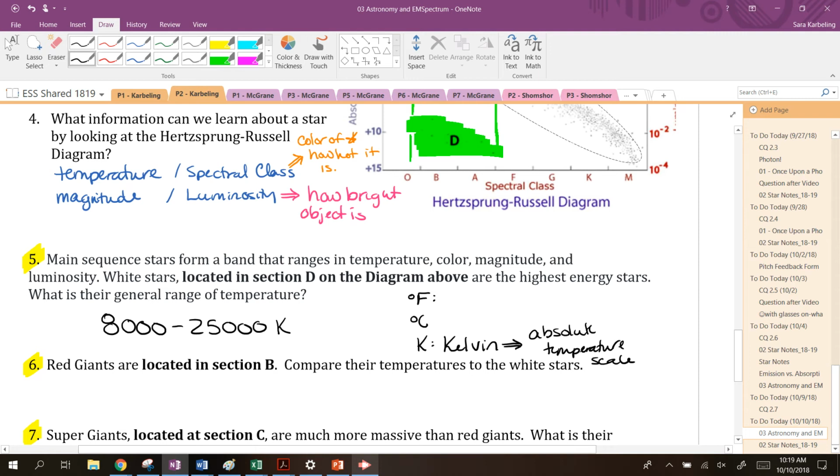This is me trying to look out for you so that other people don't laugh at you. It is not degrees Kelvin. They will laugh at you. They might not laugh at you outside, but they will laugh at you inside, and they'll be like, oh my gosh, what are they talking about? So it is 8,000 to 25,000 Kelvin. Not degrees Kelvin, just Kelvin.